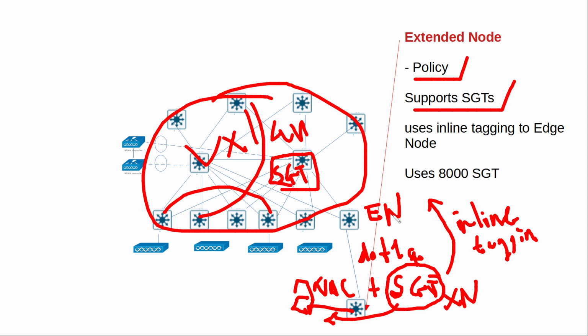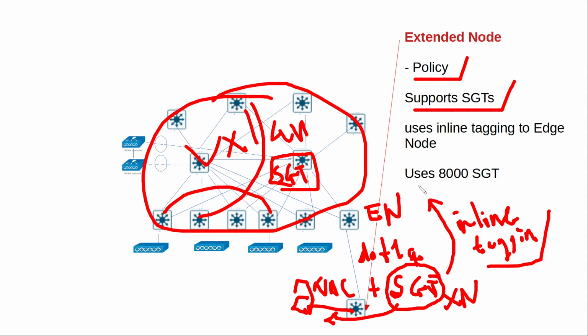But between the edge node and the extended nodes, we are not using VXLAN. We are only using a .1q connection. So we need another means to transport this scalable group tag information, and that is inline tagging. So you'll have to review how TrustSec, Cisco TrustSec works in order to understand what this inline tagging is.